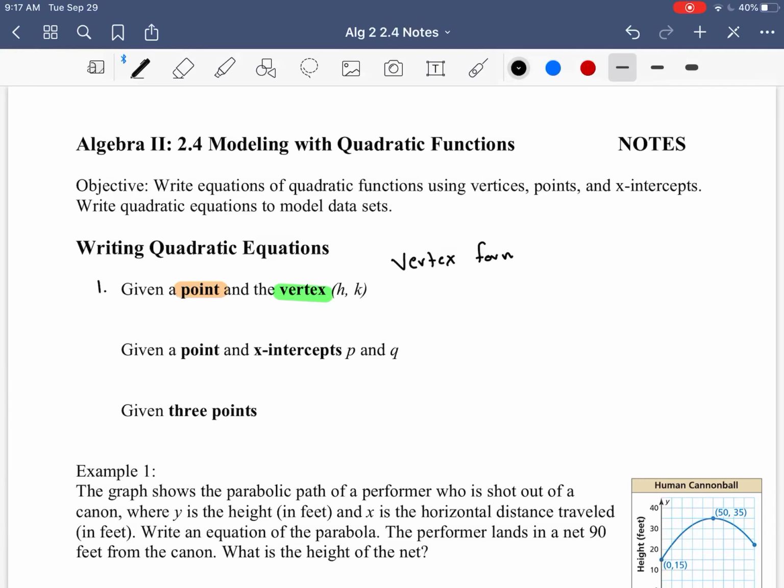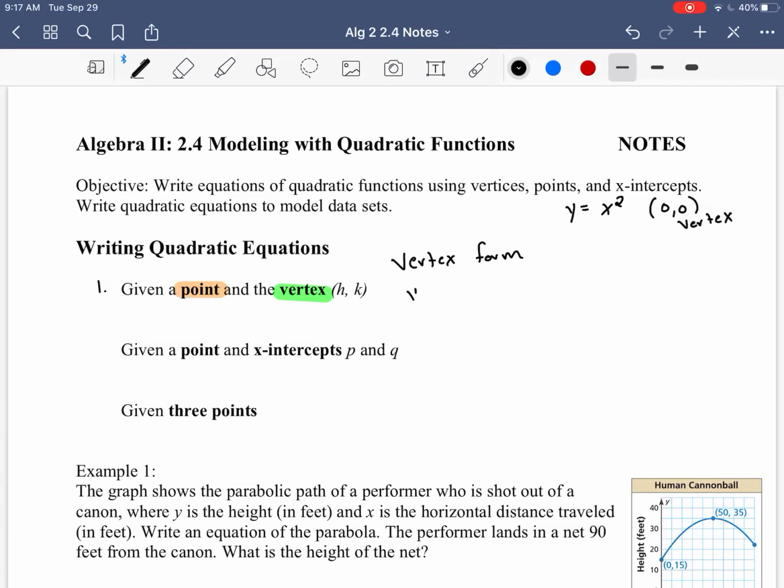Vertex form basically takes the standard. We know our parent function is y equals x squared, and we know this parabola has a vertex at (0, 0). What the vertex form does is it shows us how we shift left, right, and up and down.